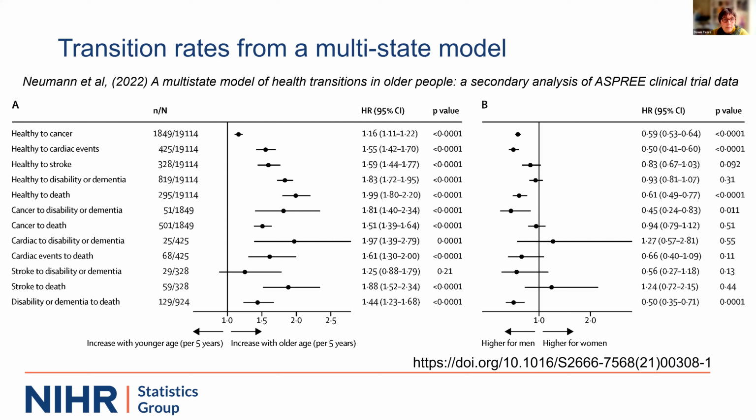Here there's been a reanalysis of this trial data, a secondary analysis of trial data to look at health transitions in older people. So what we've got here on the rows are changes in state, from healthy to cancer, from healthy to cardiac events. And the multi-state model that they've applied has then given these transition probabilities, and these are then presented as hazard ratios.